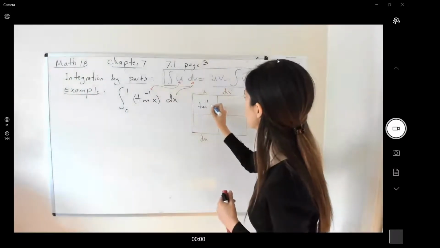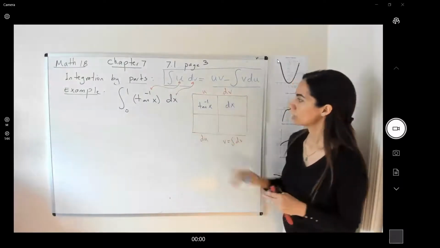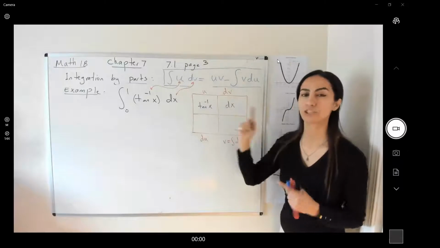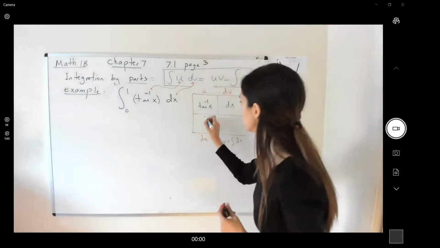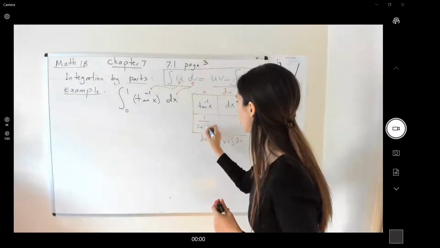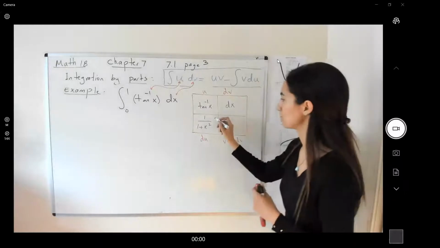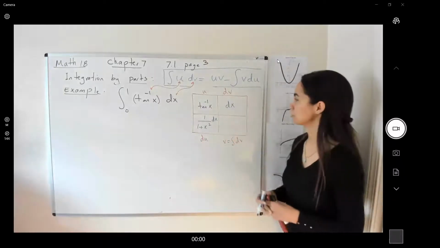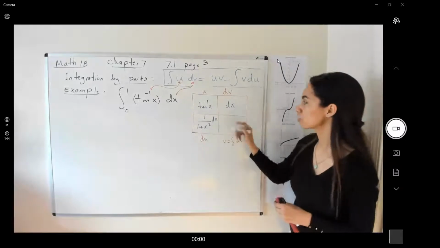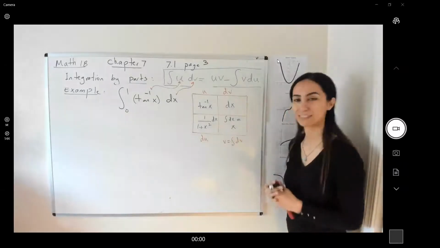The derivative of inverse tangent is 1 divided by 1 plus x squared, with respect to x, so let us write dx next to it. And the integral of dx is equal to x.